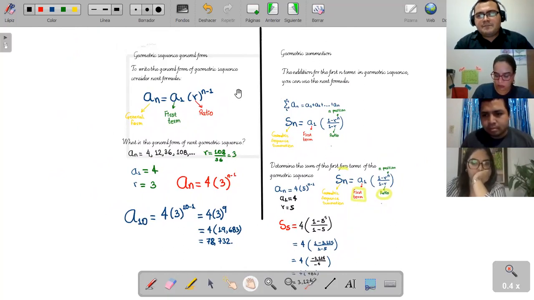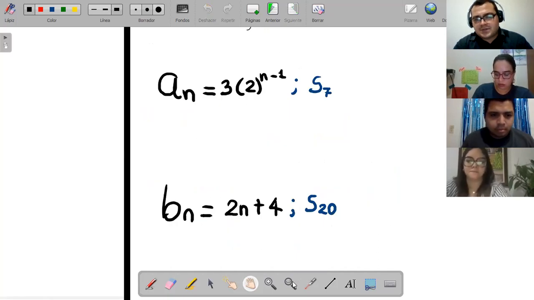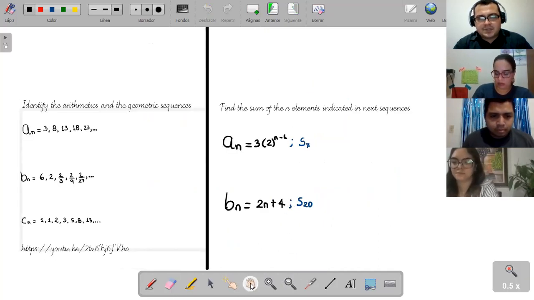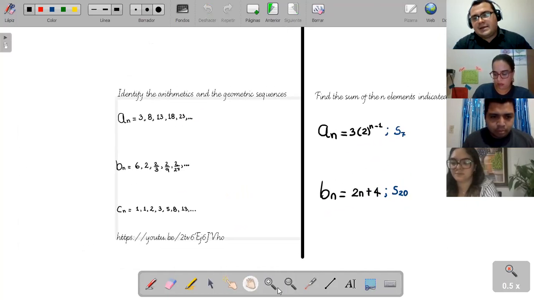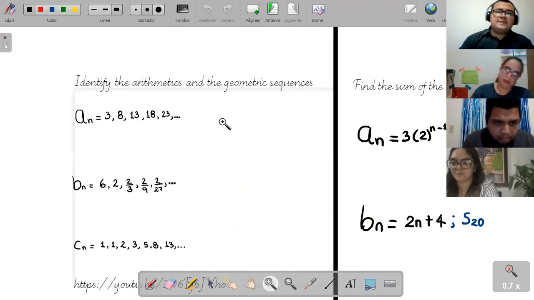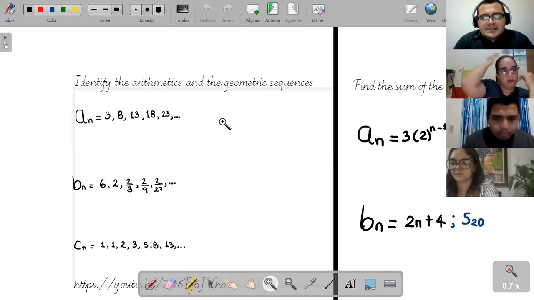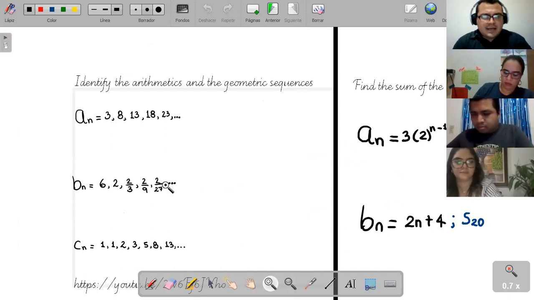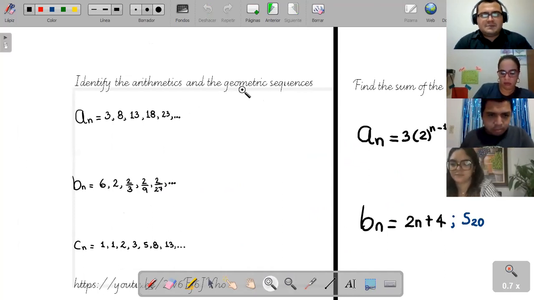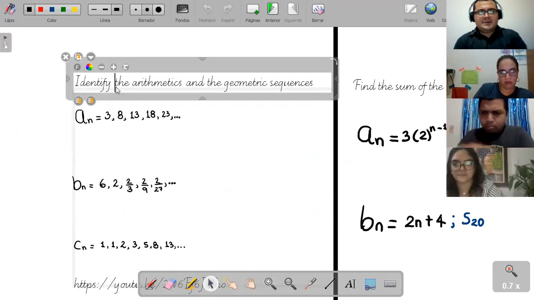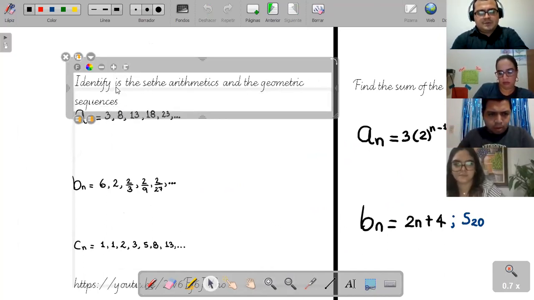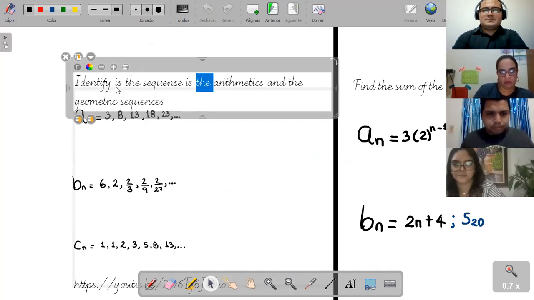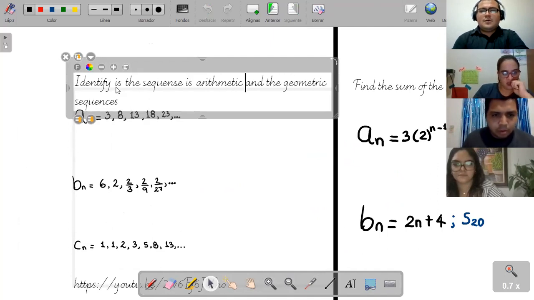Okay, we still have some minutes to practice some exercises. As you can see, I prepared some of these in here. Here I have this one. Identify if the sequence is arithmetic or geometric.